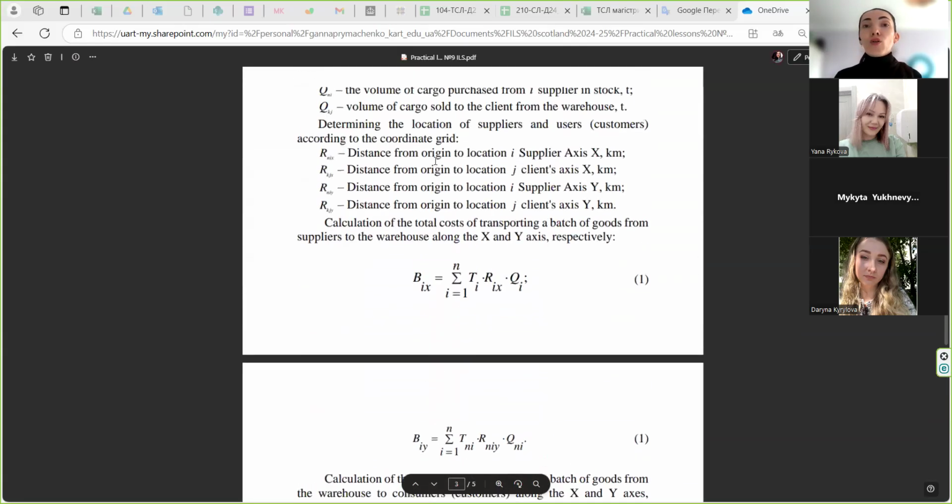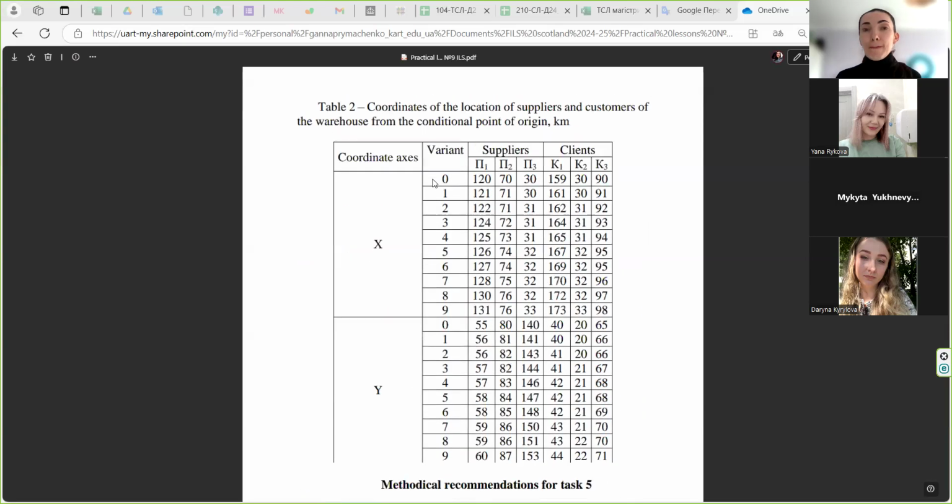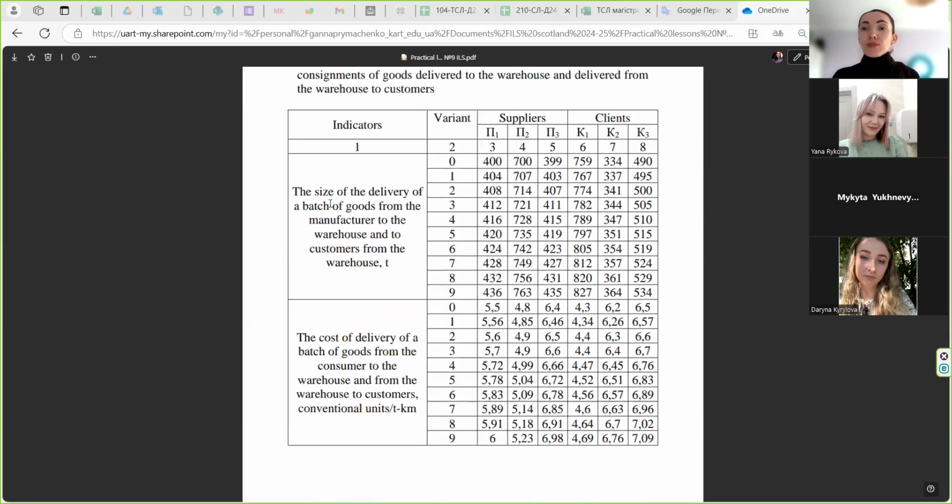I open table 1. So our first parameter is tariff, how much cost for delivery we need. It is the last line of our table 1. For example, for zero variance, for first client K1, we need to use 4.3 conventional units per 1 ton kilometer.